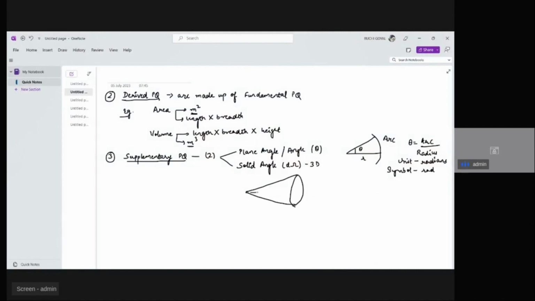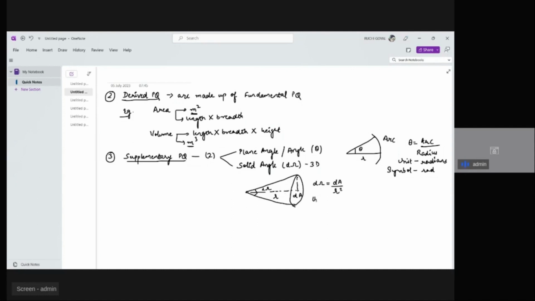If we are making it in 3D, this whole angle of 3D is known as d omega, which is the solid angle. So the distance is r and area is dA. dA is taken because of small area. So what is the formula of d omega here? It is dA divided by r square. This is the formula of solid angle.